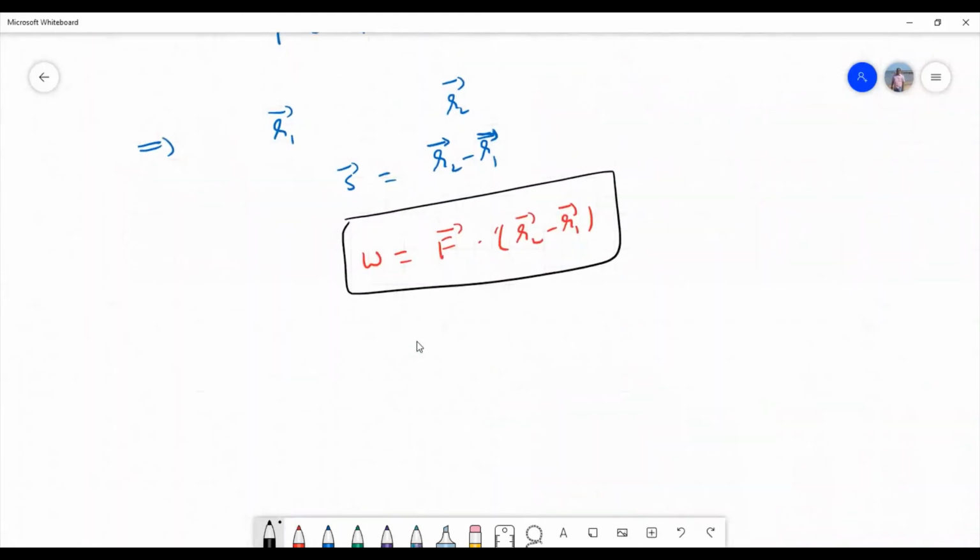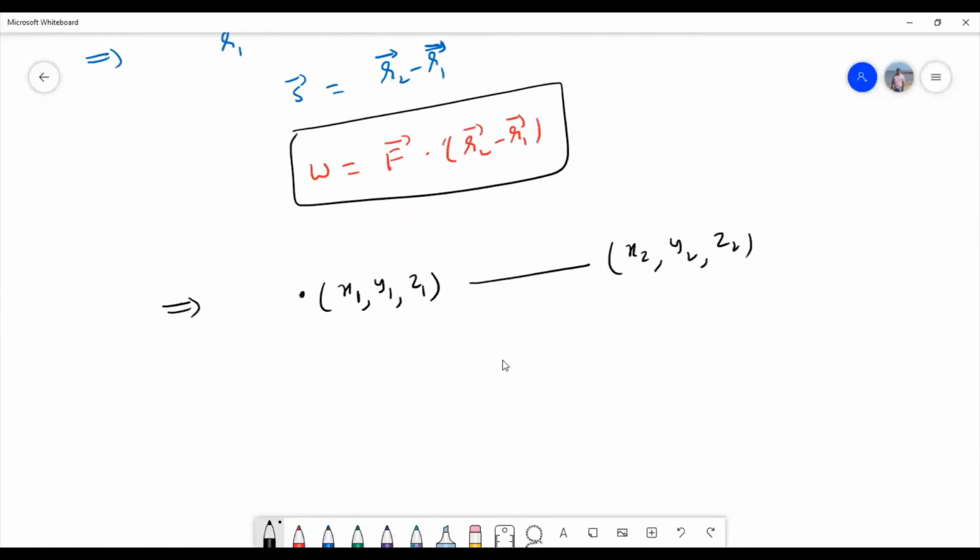Sometimes, in other way, I'm just telling you all the different possibilities. Sometimes they'll say that a particle has a coordinate, say x1, y1, z1. Then its coordinate changes to x2, y2, z2 when you apply a force. Then what is the work done, they'll ask you. So first we need to find displacement.